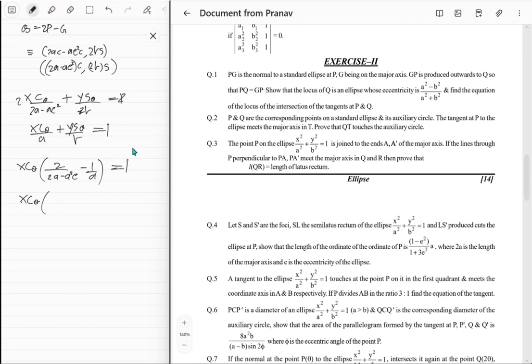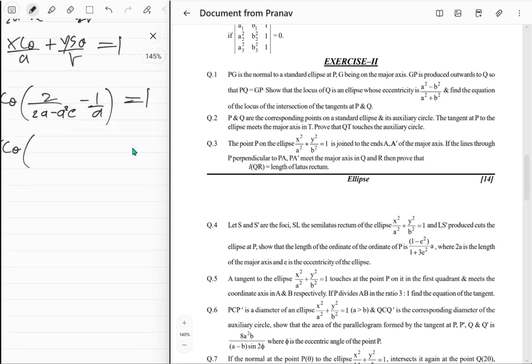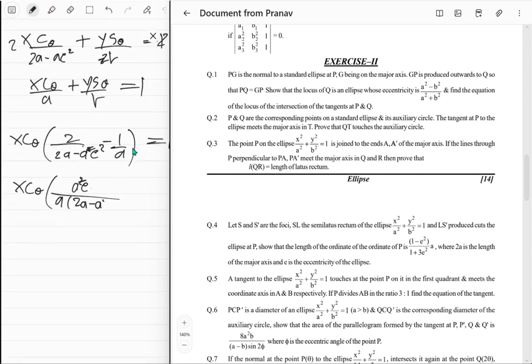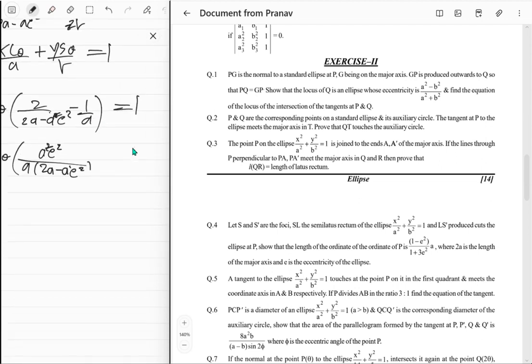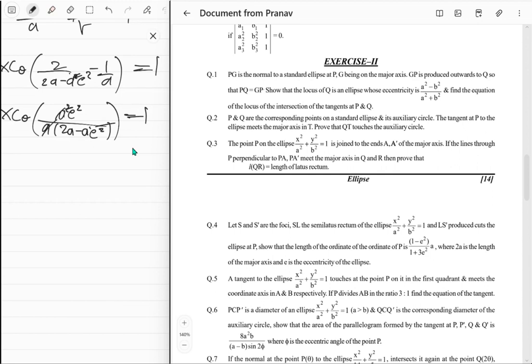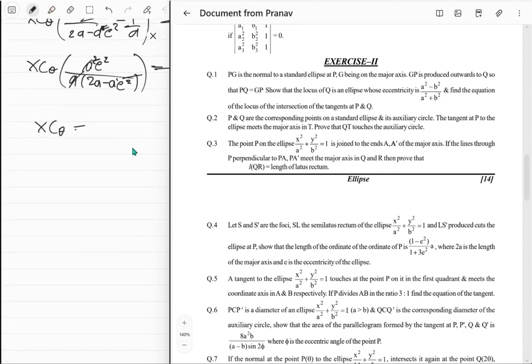Okay. So it's going to be 2a minus, okay, that's canceling out, just a squared, and that upon a times 2a minus a. Sorry, it should be a squared, not a squared e. Right, a squared, and it's supposed to be a squared as well, equal to 1. This cancels. We just get x cosine theta is equal to a times 2 minus e squared, and that upon e squared, understandable.